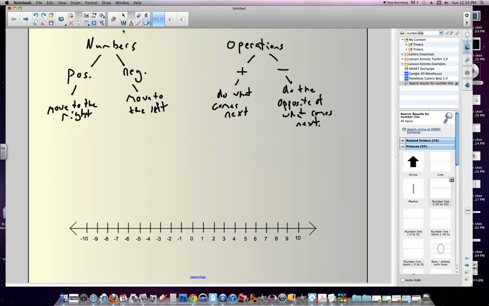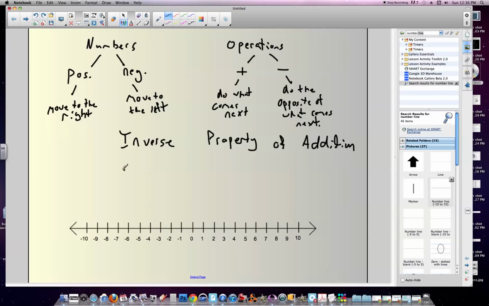Now, lastly, we need to talk about the inverse property of addition. This is pretty straightforward, but it does require a little bit of thought, and this is going to become really useful when we're dealing with algebra. The inverse property is just a way of explaining the relationship between addition and subtraction.